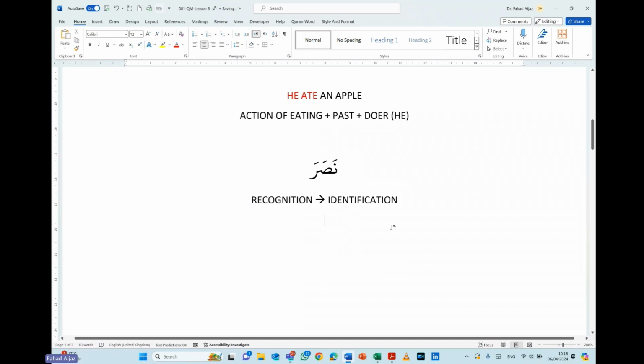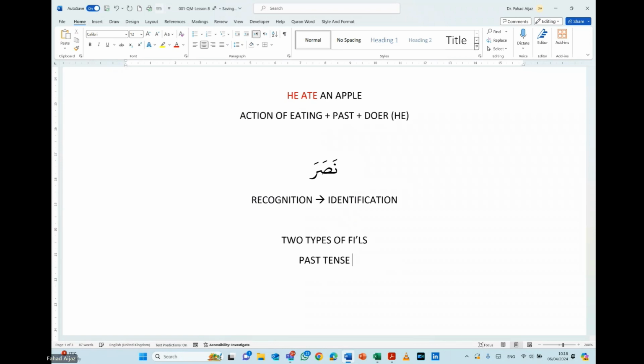Right. Now, in the Arabic language, there are basically two parent types or categories of fails. So let's list them down. Two types of fails. The first is the past tense, just like English.